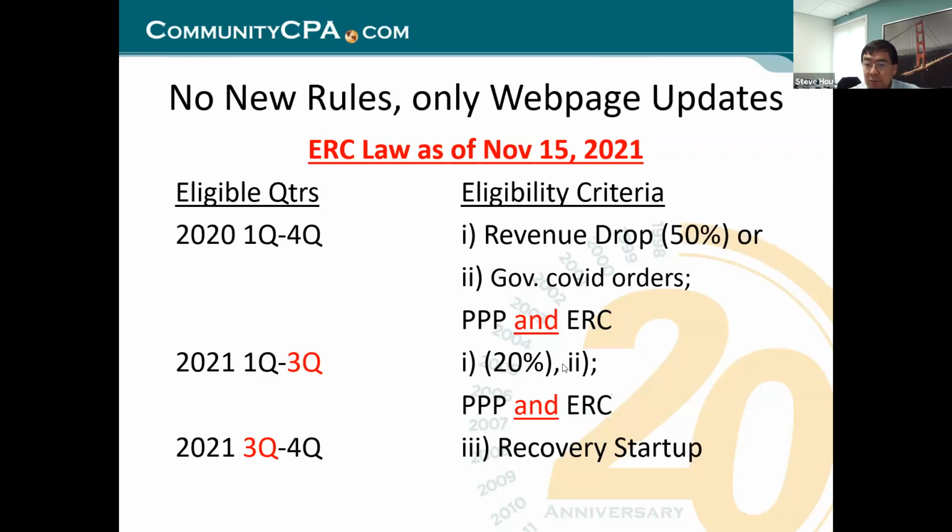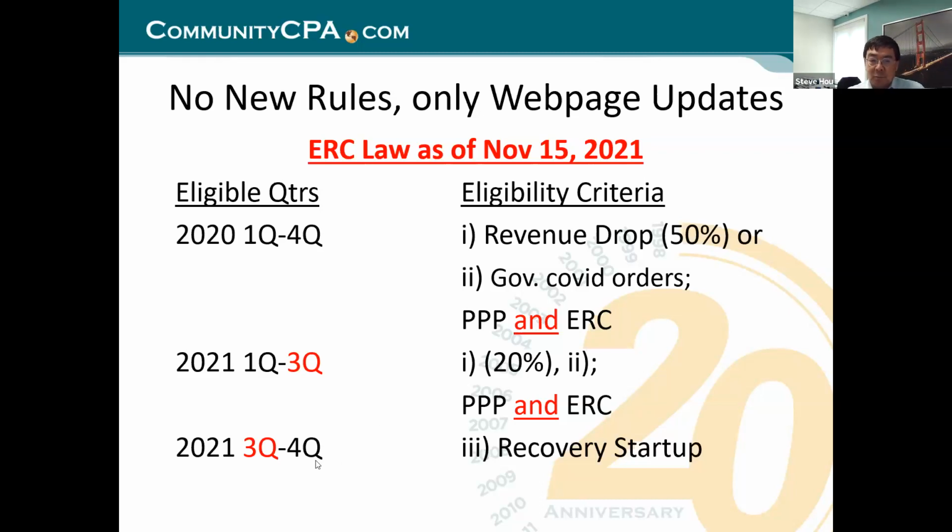And there is the government COVID order criteria as well, the same way for 2021. So if you applied for, and were eligible for, a second round of PPP, you still are eligible for ERC in those quarters, provided that you meet either criteria 1 or criteria 2.